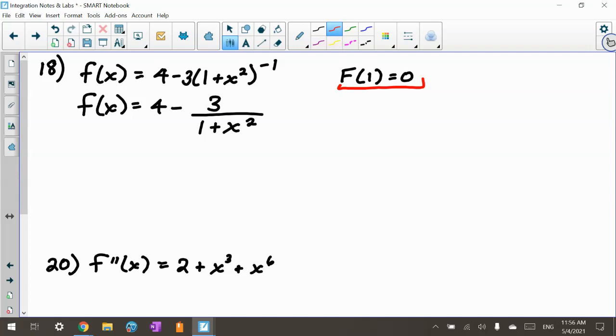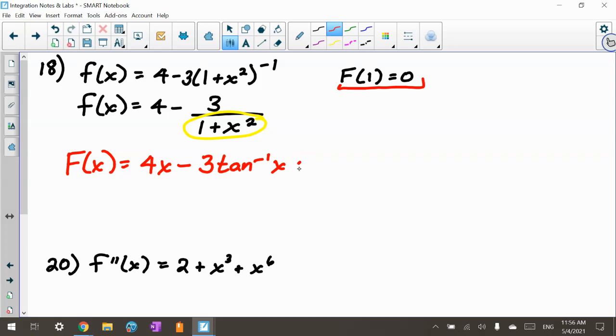So I'm going to do capital F of x, and when I do the antiderivative of 4, that's going to be 4x minus, and then this right here, we just did one like this. This is inverse tan, so I've got a 3 there. So it's going to be 3 inverse tan of x, because that's what the antiderivative is.